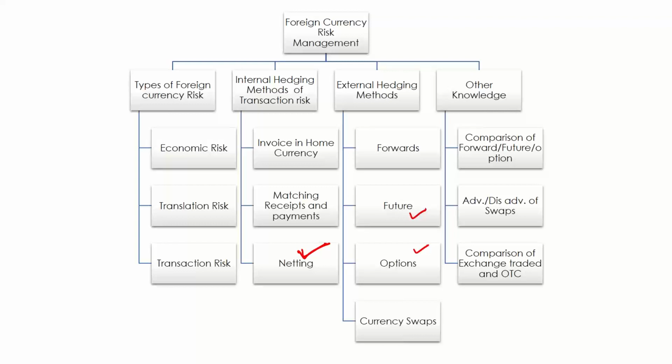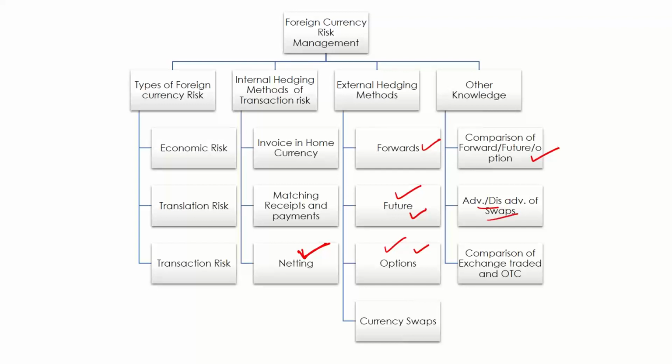Other knowledge, the theory, will be tested. The theory which is regularly tested is the comparison between forward, future, and option. Examiner often tests the advantage and disadvantage of swap contracts.